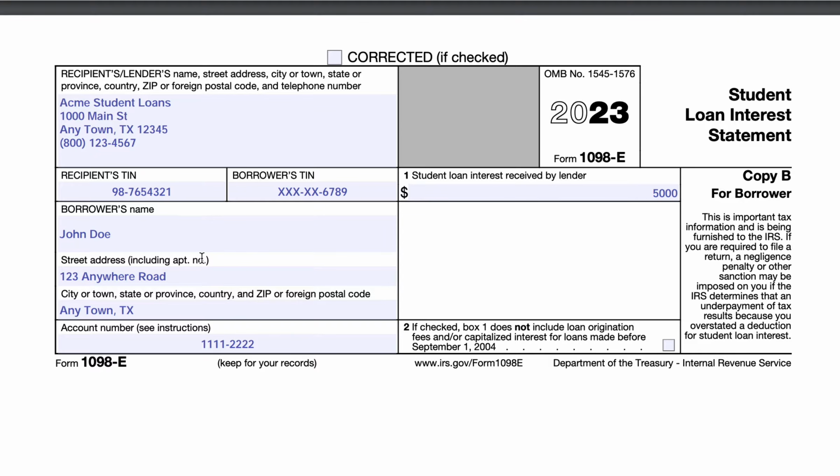It is important to take a look at this to make sure that it's correct, because if the incorrect information is being reported here, then odds are you may not be getting this tax form. But if you do get it, you should definitely make sure it's updated for future purposes.